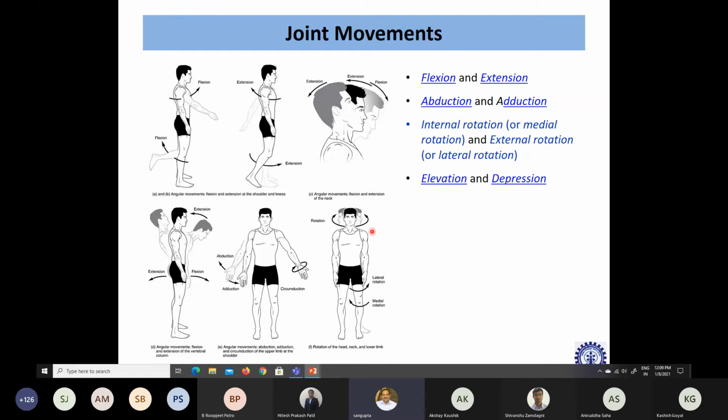Now you have other sort of movements in form of rotations, like you are rotating your head. So that is rotation. You can have lateral rotation, that is rotation away from the body. You have medial rotation, more rotation towards the midline of the body.